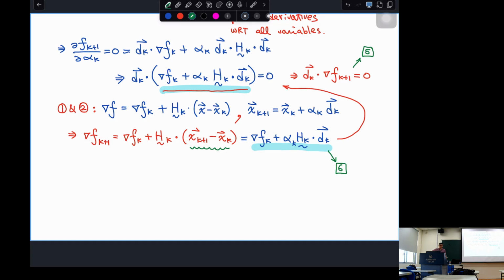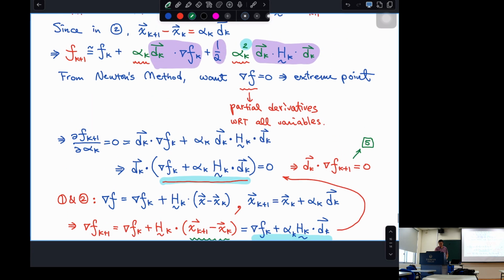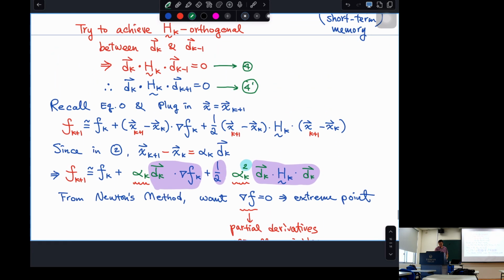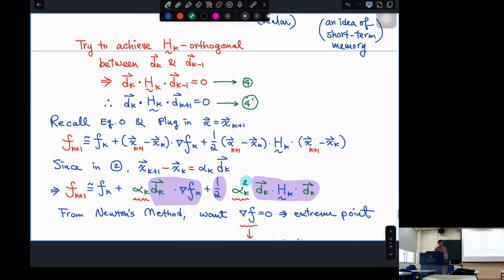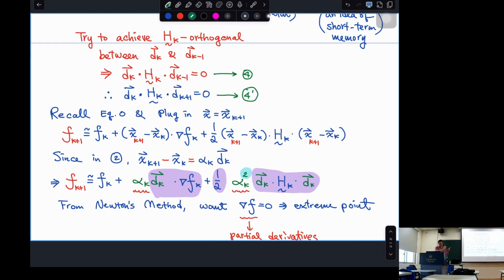Up to here, what happened? The goal, again, let me remind you, we want the current moving direction dk and previous moving direction dk minus 1 to be H orthogonal, but we don't know how to start.